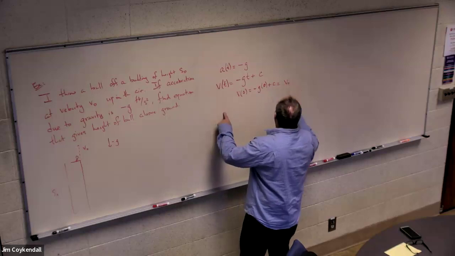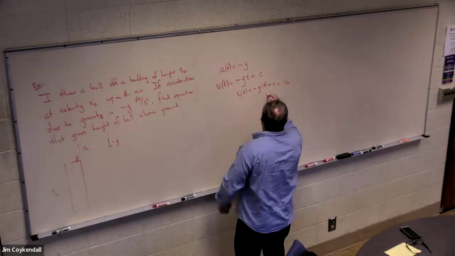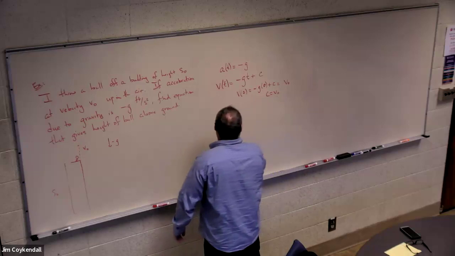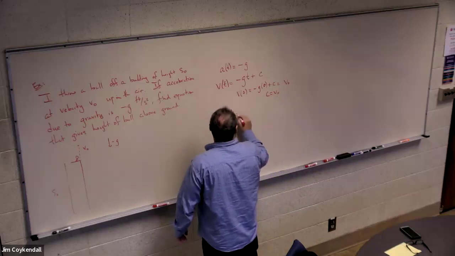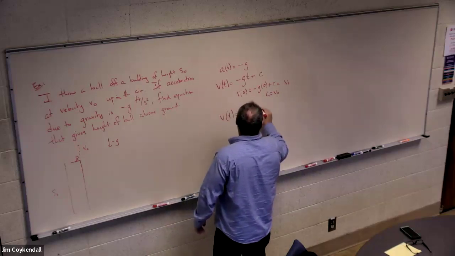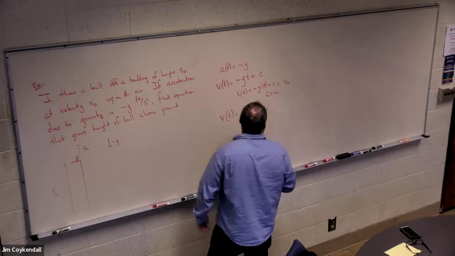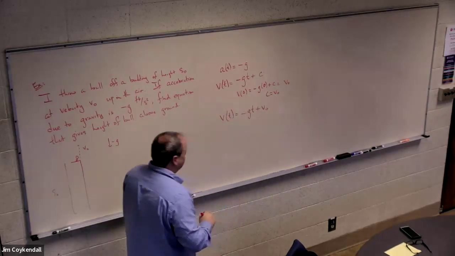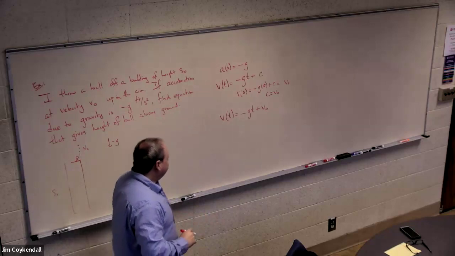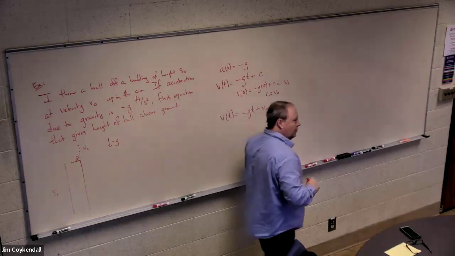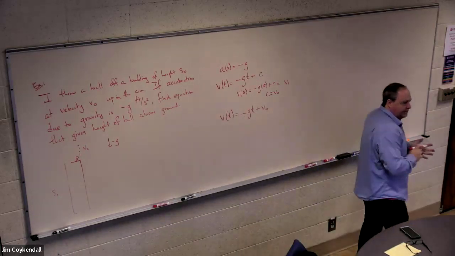And this is v0. That's my initial velocity. C is v0. So I now have this equation. This equation tells me exactly what the velocity should be.